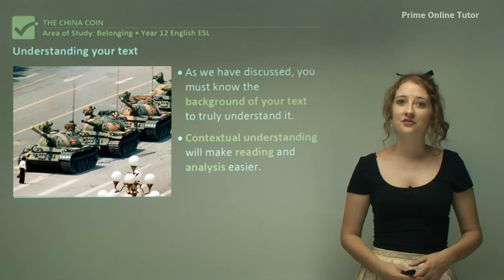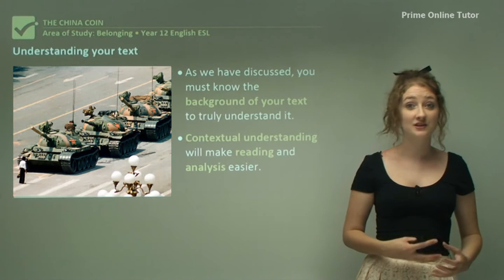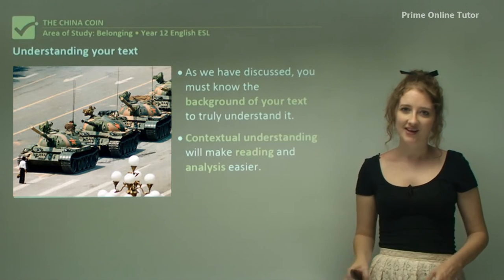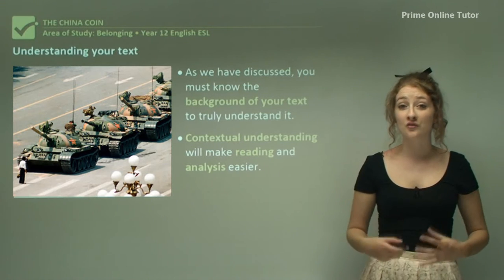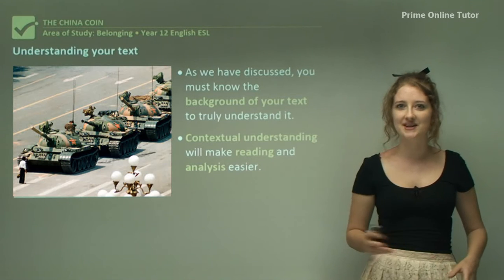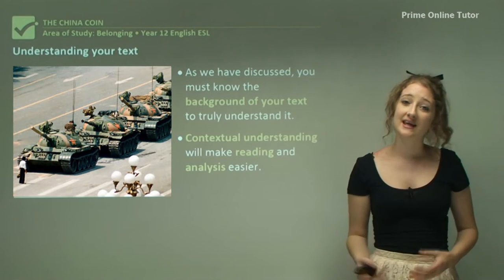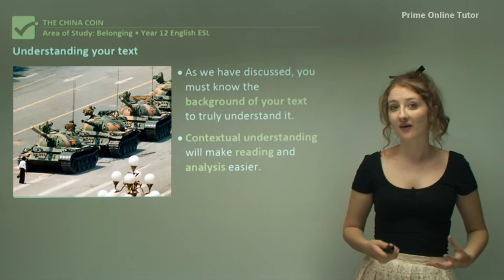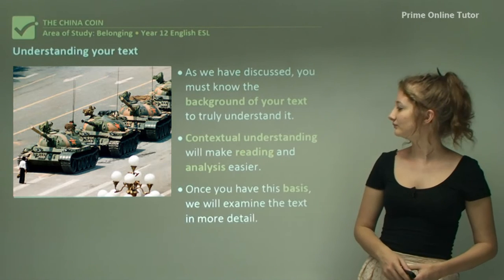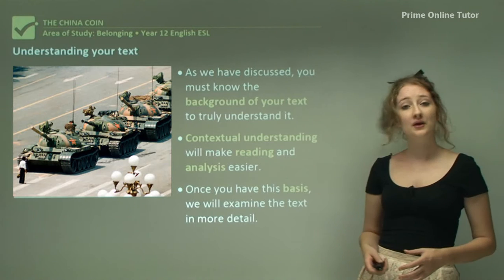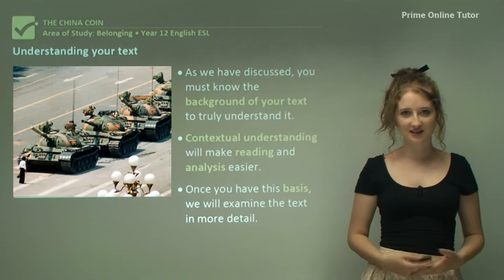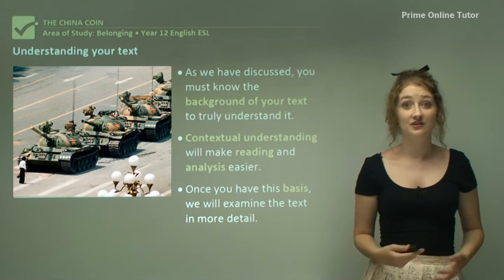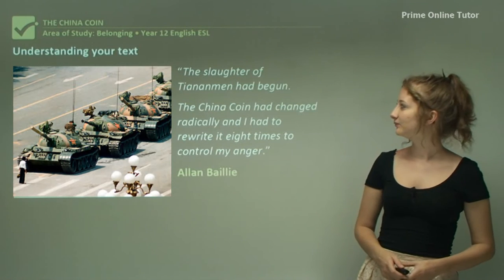If you understand historical factors and the basic events which are mentioned in this book, you're going to have a much easier time when it comes to analysis of techniques, themes, and belonging ideas. So understanding the background is going to help you. Once you have this basis, we're going to be examining the text in more detail. So this is just an introduction to the text at this point.